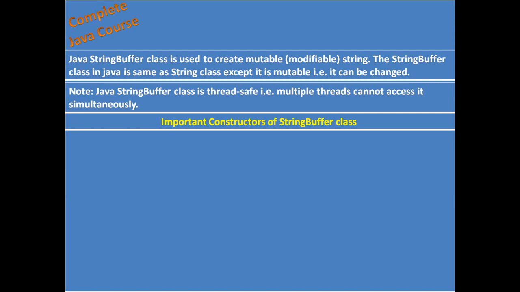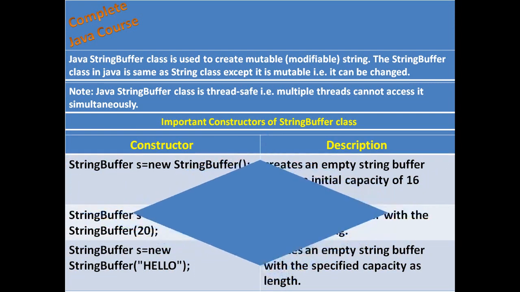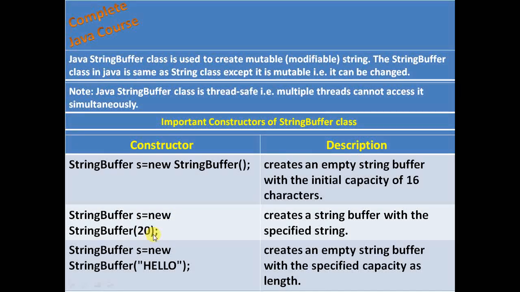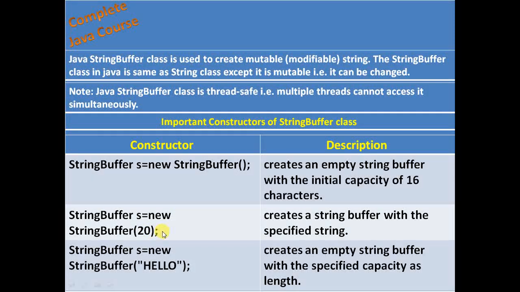Important constructors of the StringBuffer class: StringBuffer s = new StringBuffer() creates an empty StringBuffer with the initial capacity of 16 characters. StringBuffer s = new StringBuffer(int capacity) creates an empty StringBuffer with the specified capacity as length.